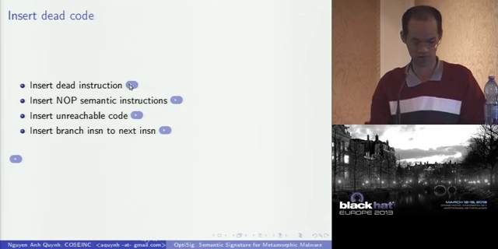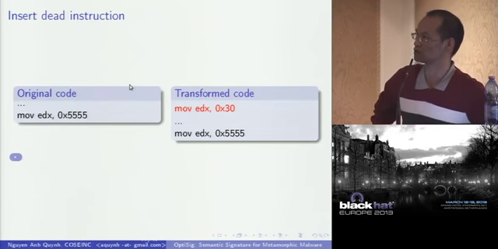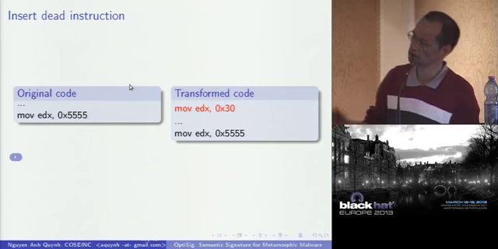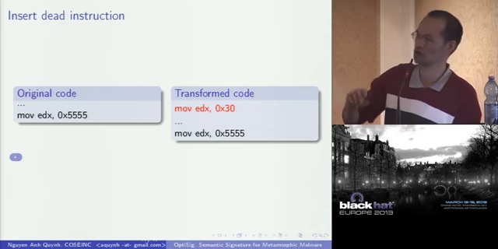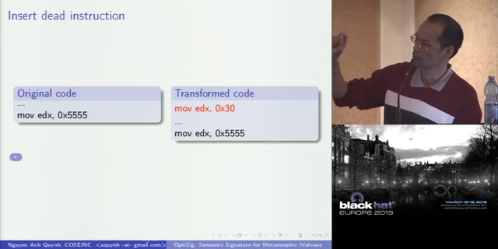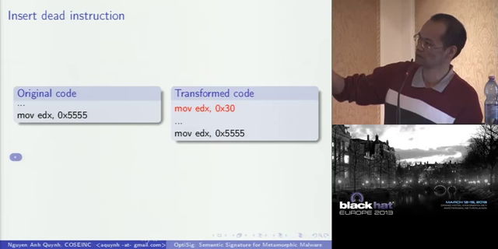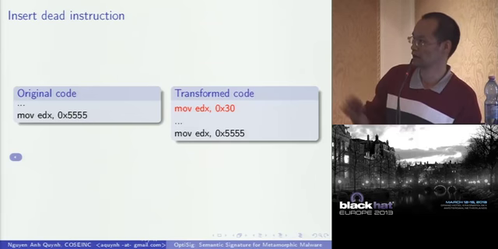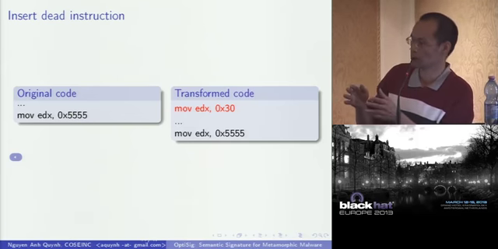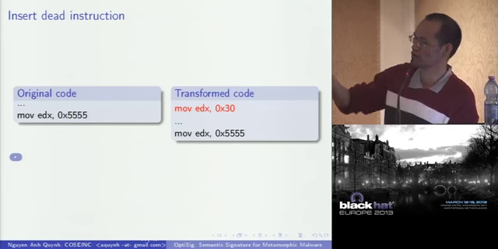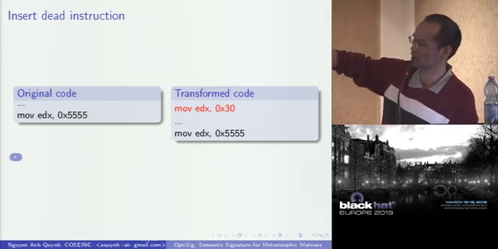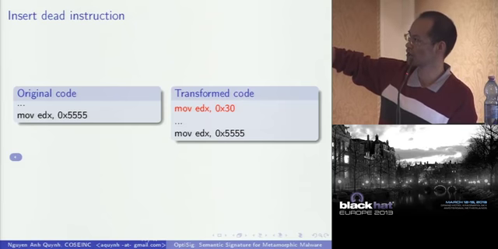First one, insert dead instruction. You can see on the left side, the original code is copy 5555 to EDX. When the metamorphic malware transforms this code, it inserts another instruction before that: copy 30 to EDX.